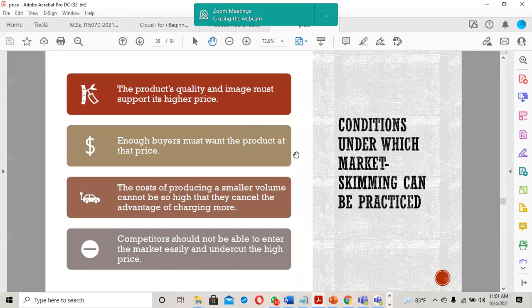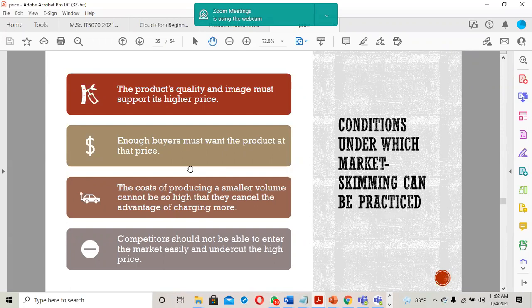And enough buyers must want the product at that price. So there are people waiting until the next version of iPhone. The moment they buy the current version, from that point onwards, they start saving money for the next version. There is a whole category of people like that. They're just waiting for the next version to be released to buy that version.